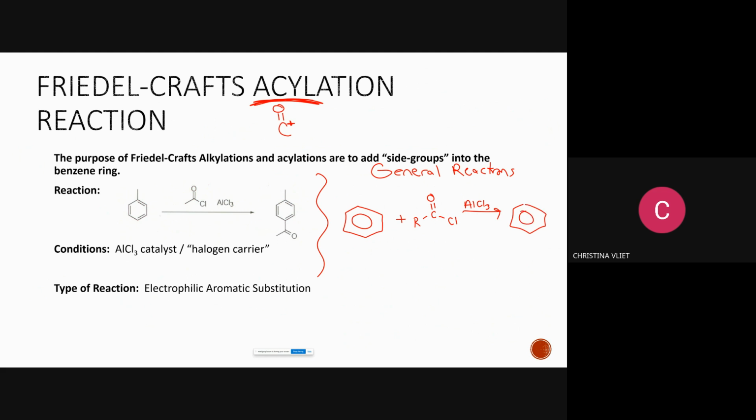It doesn't matter where I add it. I'm going to add it here. I would get this and then R, whatever my R group is. Noticing that I'm always adding where the double bond's at, that would be the carbon I'm adding to the ring. So you should write this on a flashcard. Not the example, because the example is like one specific example. This will work for all the reactions.